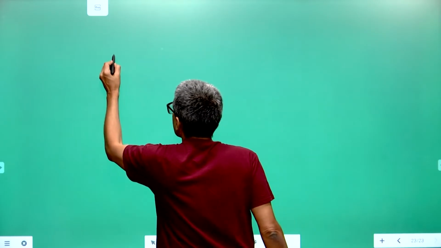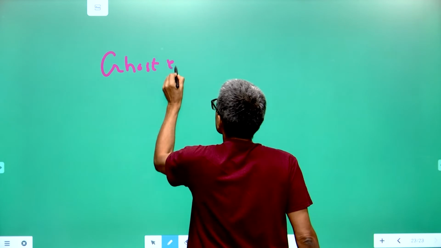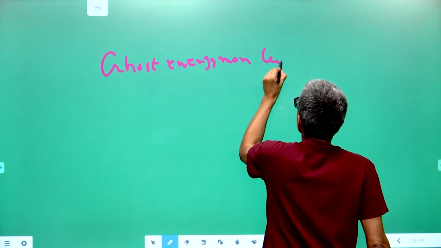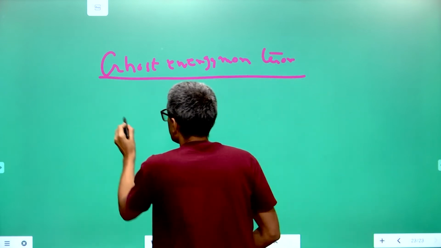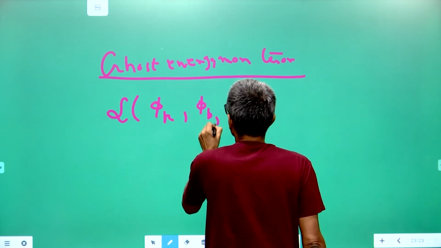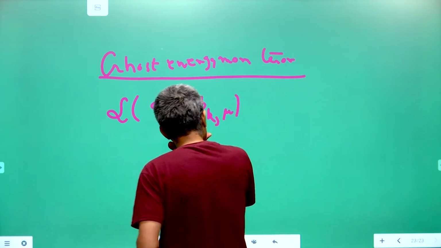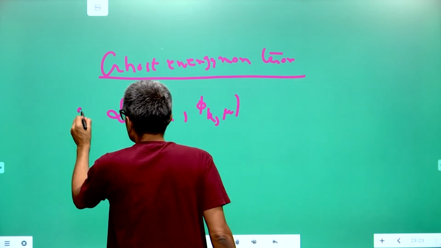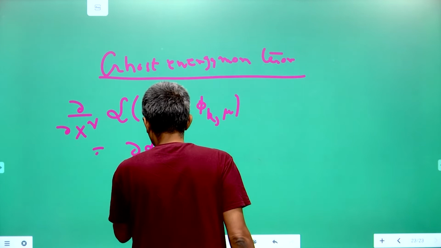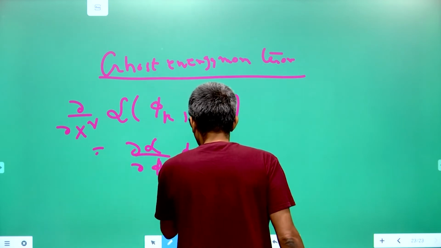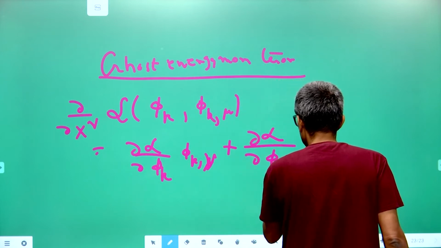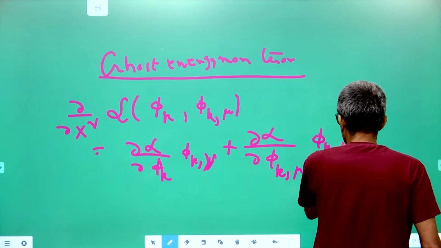Now we want to calculate the ghost energy momentum tensor components. So you know that in basic field theory, if you have a set of fields phi k, let us say phi k comma mu, suppose this is the total action, and suppose you look at dou by dou x mu of this, dou by dou x nu of this can be written as dou L by dou phi k comma mu nu plus dou L by dou phi k comma mu nu, summed over the repeated index.